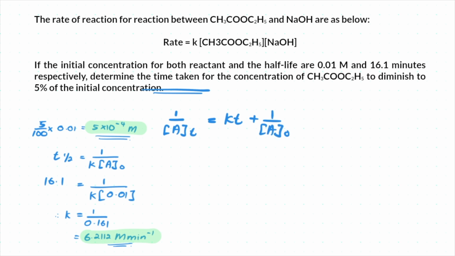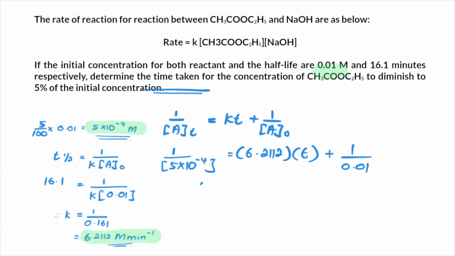Okay, so the final concentration is the one that we have calculated just now, 5 times 10 to the power of -4, and then the K is 6.2112. T is the one that we want to calculate, plus 1 over A naught. A naught is given to you in the question, which is 0.01.